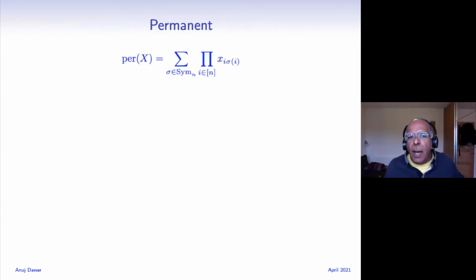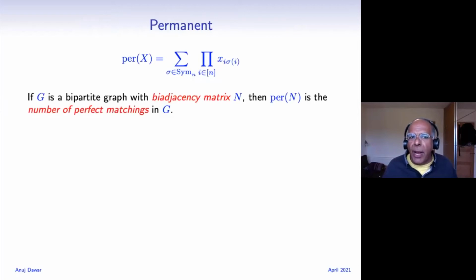So, for example, you look at the permanent, and it's known that if I take a bipartite graph and take its biadjacency matrix, then the permanent is simply the number of perfect matchings in G. This is immediate to see because now all of these variables take values 0 or 1. When is this product equal to 1?